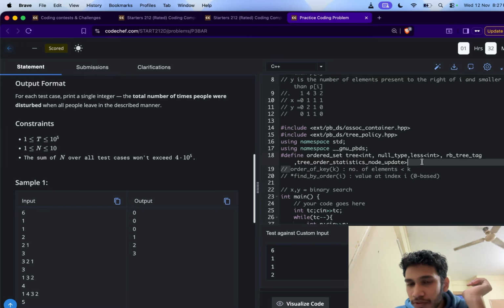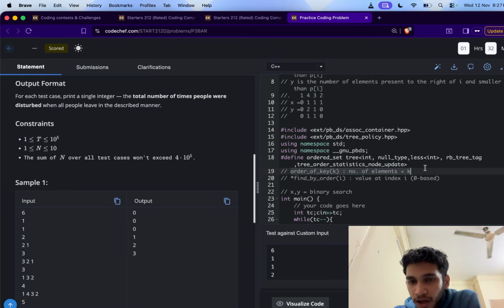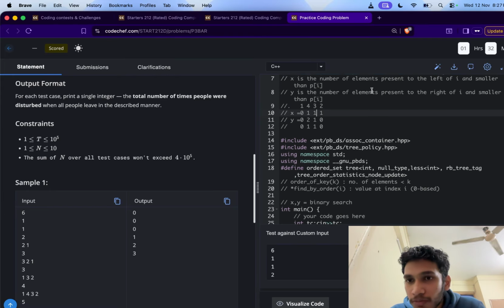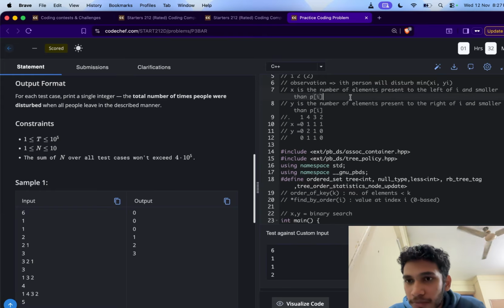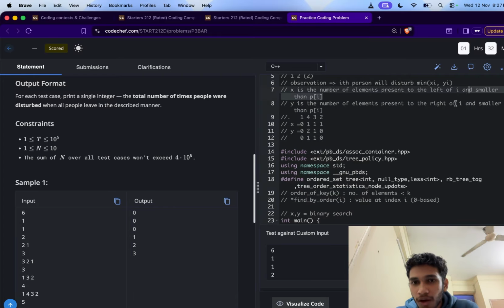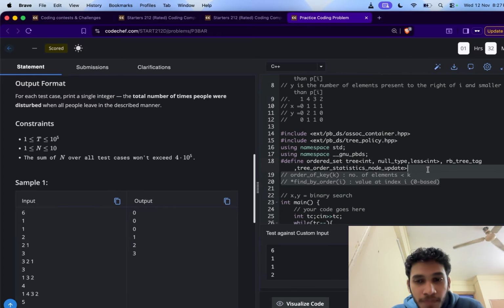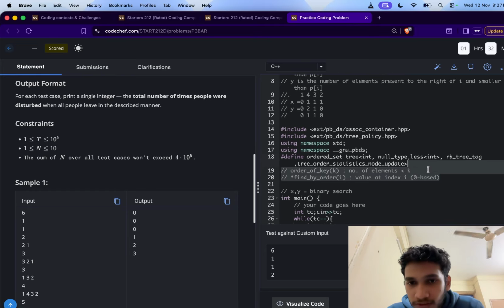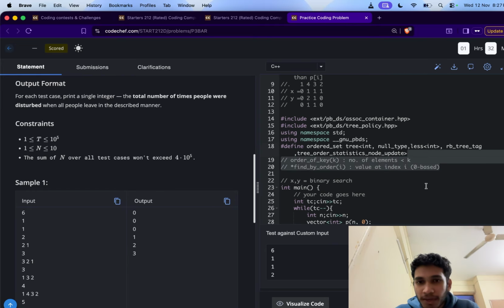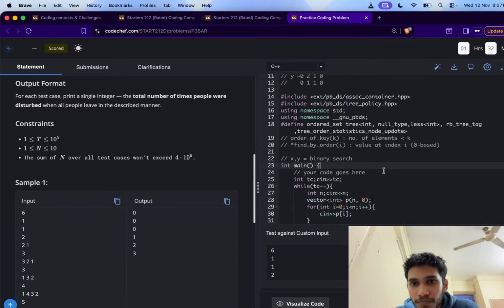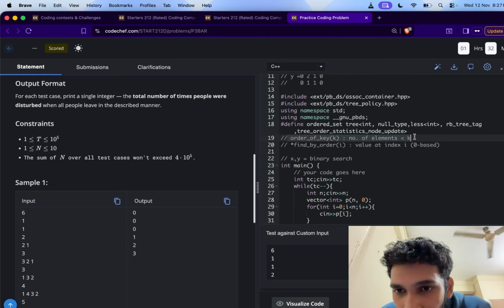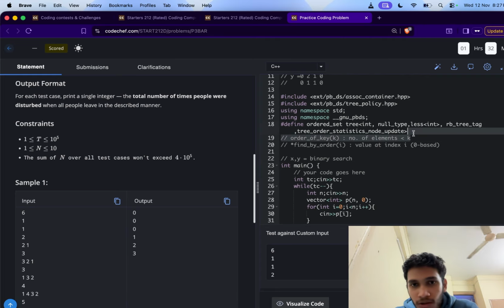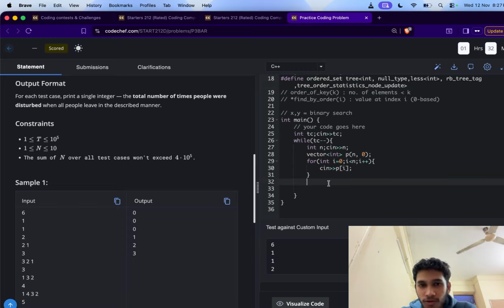Order of key gives the number of elements smaller than k in the set. And what do we need in x and y? The number of elements smaller than the current value of pi. Am I right? So this is the actual usage of PBDS. Remember this operation, order of key, as a black box, and let's use it.